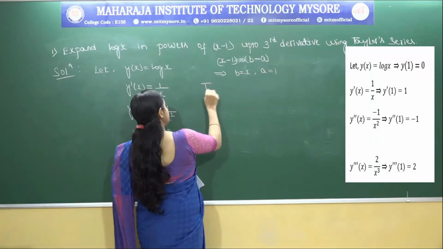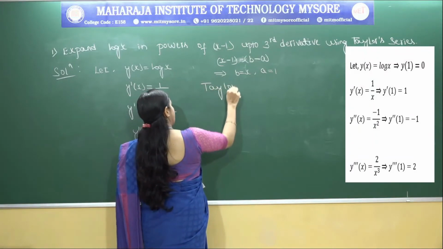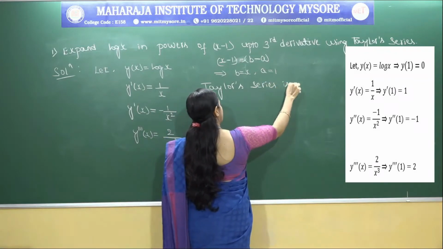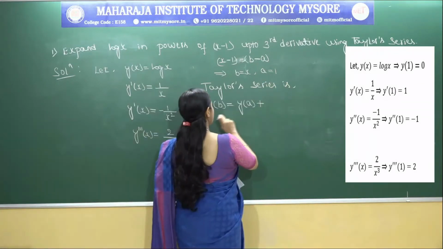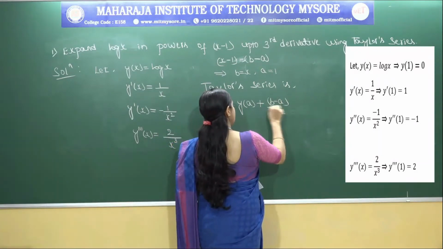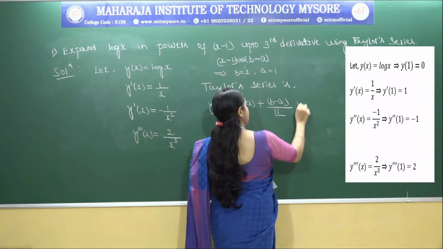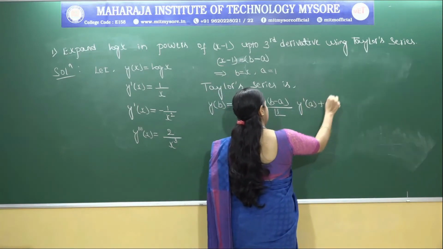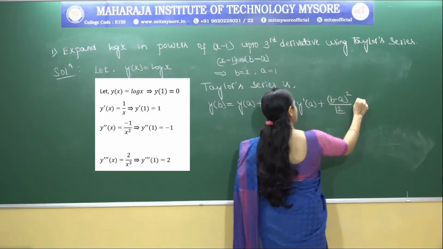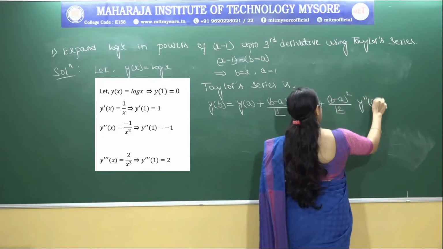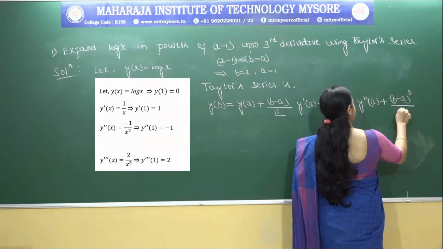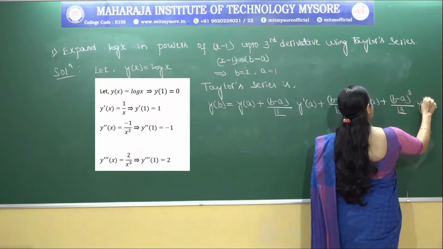So the Taylor series expansion becomes: y of b equals y of a plus (b minus a) by 1 factorial y dash of a, plus (b minus a) whole square divided by 2 factorial y double dash of a, plus (b minus a) whole cube divided by 3 factorial third derivative of a.